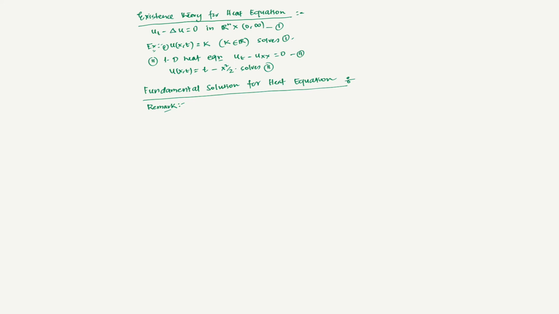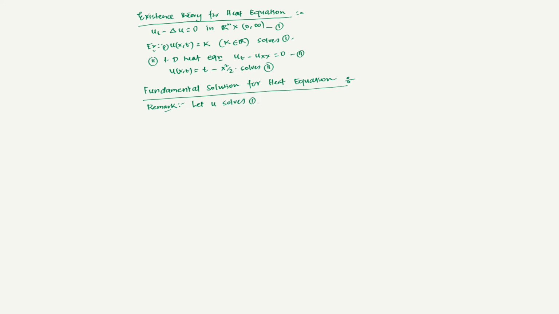Here no such thing can be done, because the variable t is a problem. t varies between 0 and infinity, and that creates some problem. So what we are going to do is only look at some scaling factors. One small remark, I want you to check this. Let u solve (1).